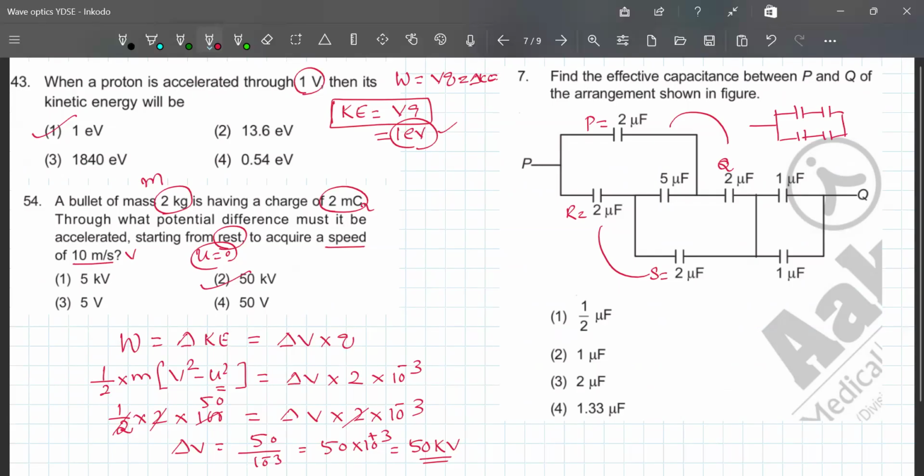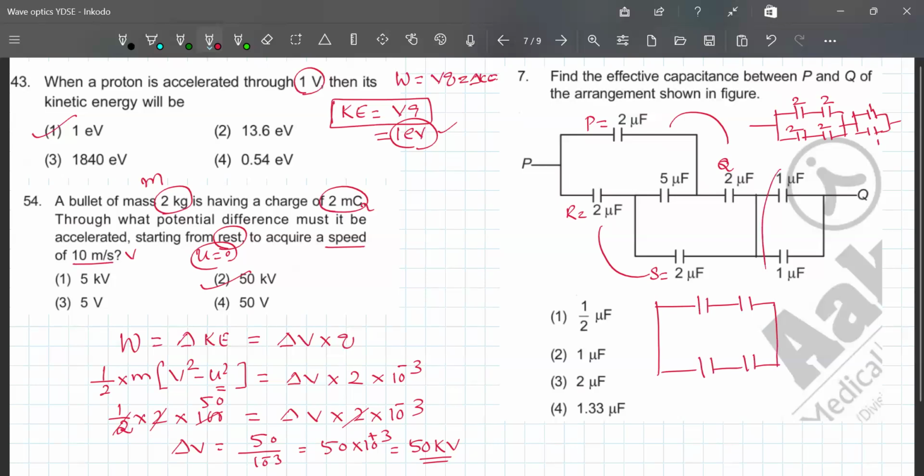Now see, after that, they have given one diagram of this. 2, 2, 2, 2, 1, 1. Okay, so otherwise we can write these as 2, 2, 2, 2, and 2, and 2.